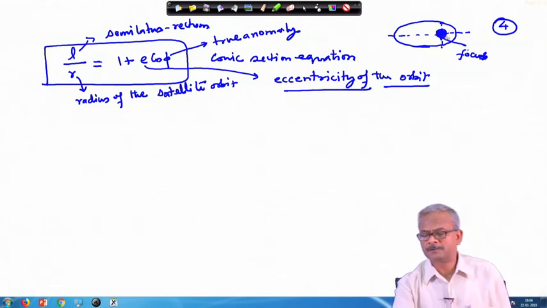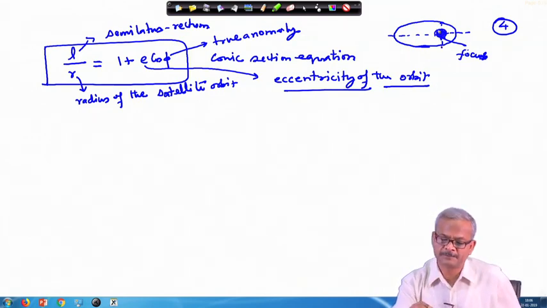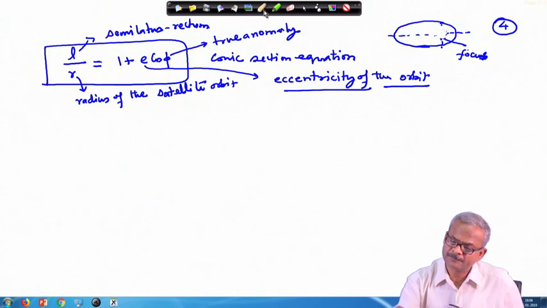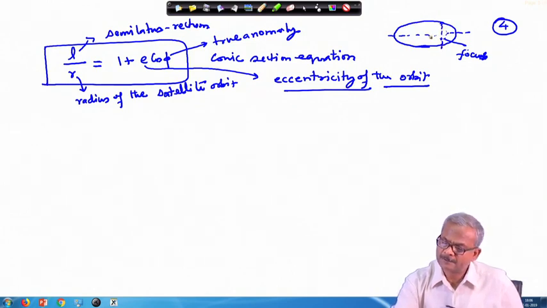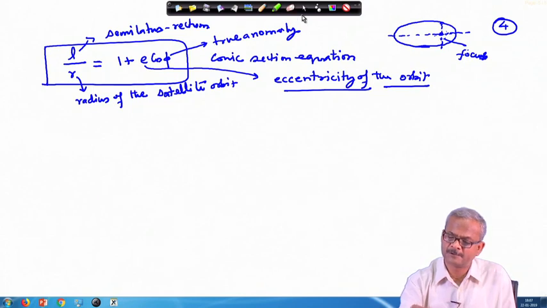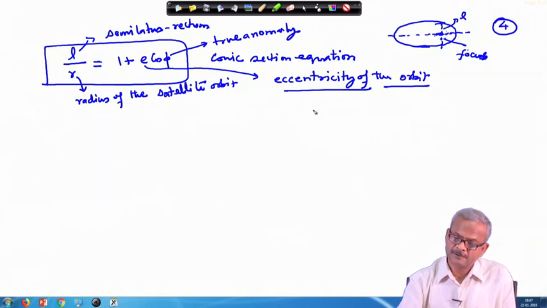Basically what we have assumed is that if earth is assumed to be circular and of uniform density, then we can assume the earth mass to be concentrated at a point at the focus here, and then your satellite is moving in this orbit. So, this part is L, what we have written here.